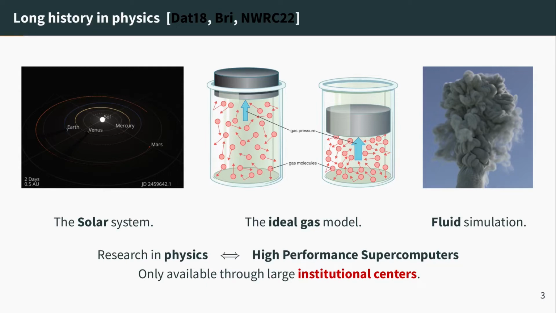And now the thing is that at the MVA, we are not only interested in theory, we're also interested in nice simulations, nice results. And so it's very important to understand the computational environment in which this research is done. And the thing about research in physics, since the 1940s, is that it has gone hand in hand with the development of high-performance supercomputers.